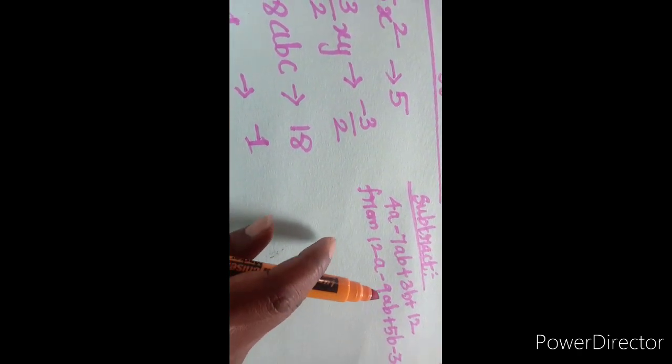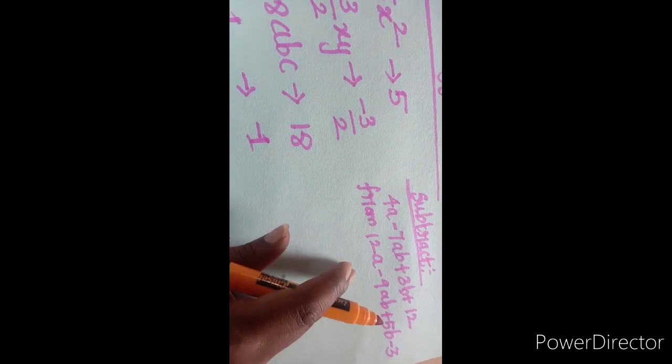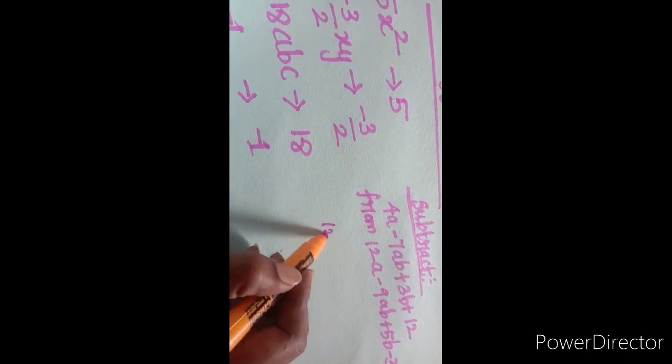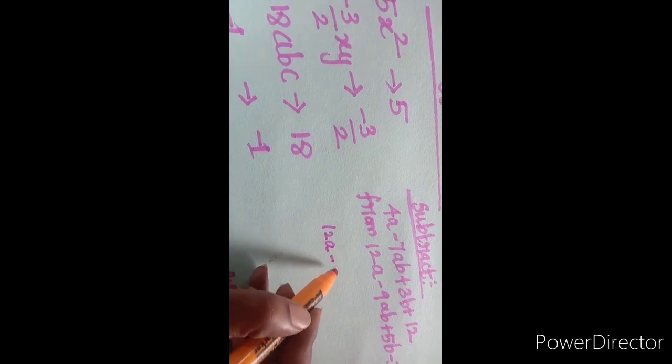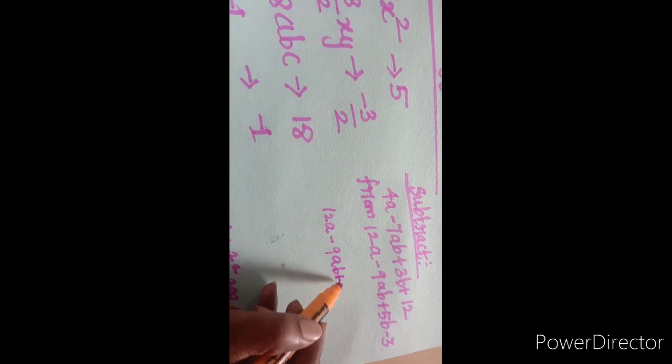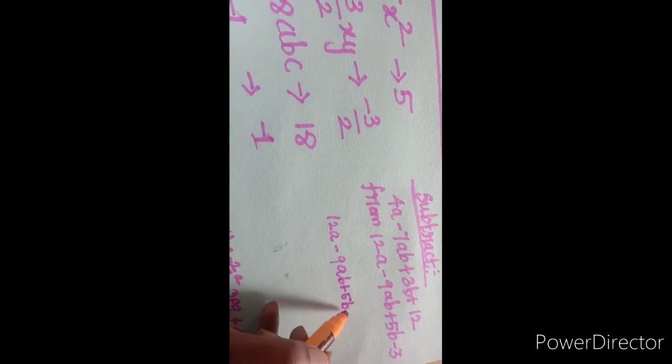So after the word from, whichever expression has come, you can write first. 12a minus 9ab plus 5b minus 3.